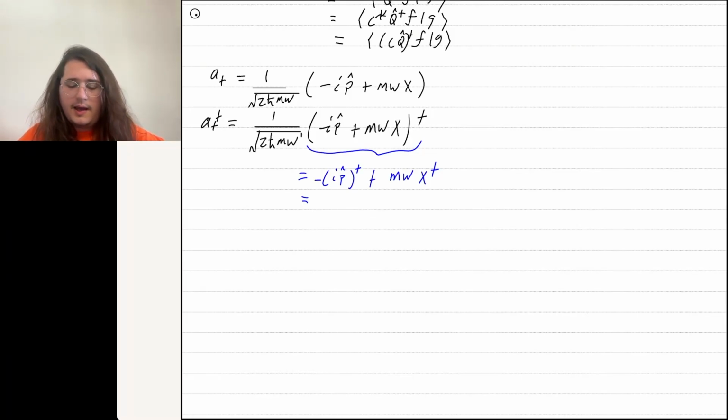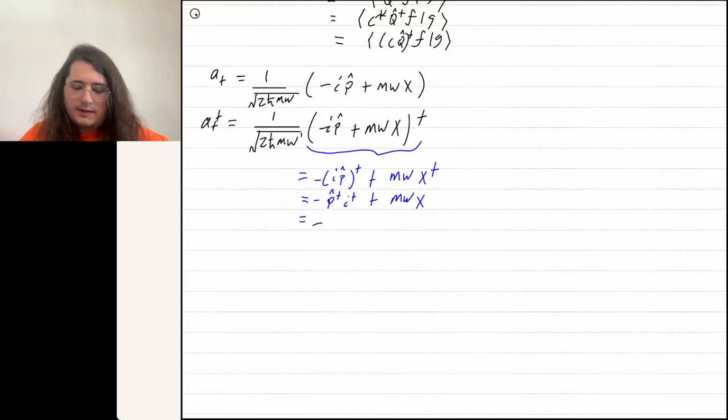And if we treat i and p both as operators, and we kind of should because we're doing a Hermitian conjugation, we need to switch the order of their multiplication. So this is going to become minus p dagger i dagger, plus m omega, and then the Hermitian conjugate of x was just x, right?